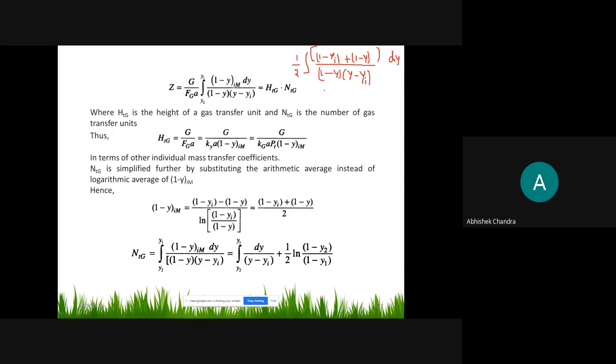So first, look, 1 minus yi cannot be cancelled through the denominator terms, but 1 minus y is cancelled out with the help of the denominator, so break it into two. I'm not writing the integration term and the differential dy; I am directly solving this part only. So 1 minus yi, you can make this into y minus yi. How?